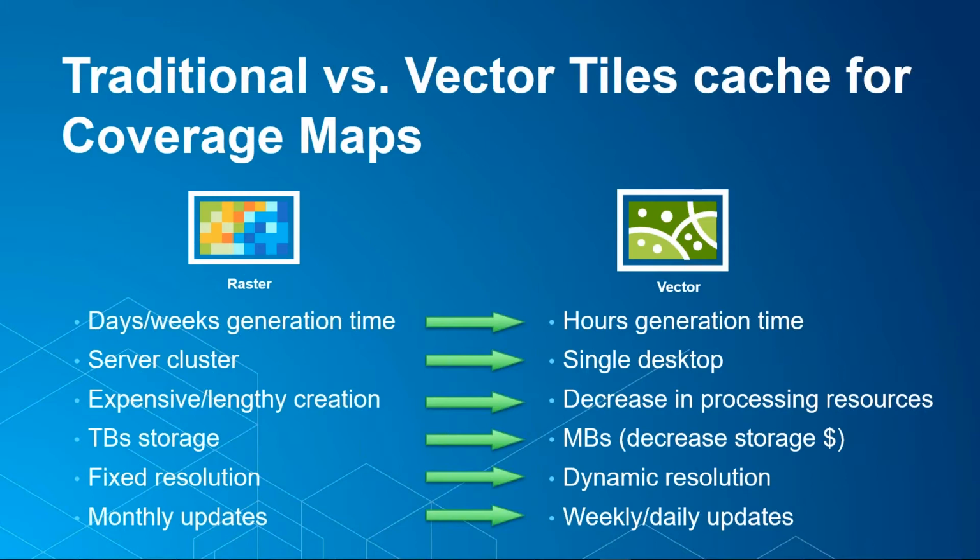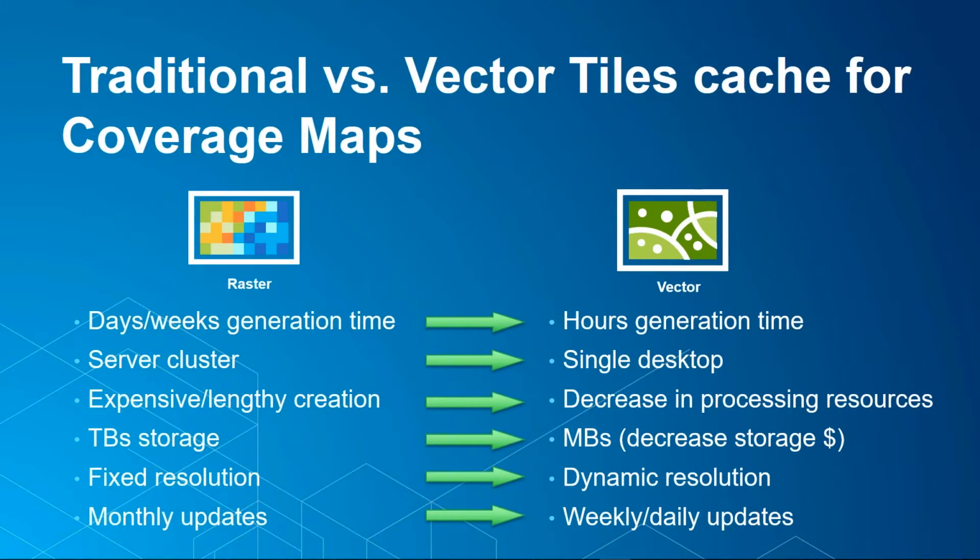You also have dynamic resolution. So if a user is pulling up your coverage map on a mobile device, and I'm sure everyone's familiar with the capabilities of consumer grade mapping, where you can rotate the map around and you can see all of your labels dynamically switch and rotate with your map instead of being a static image.